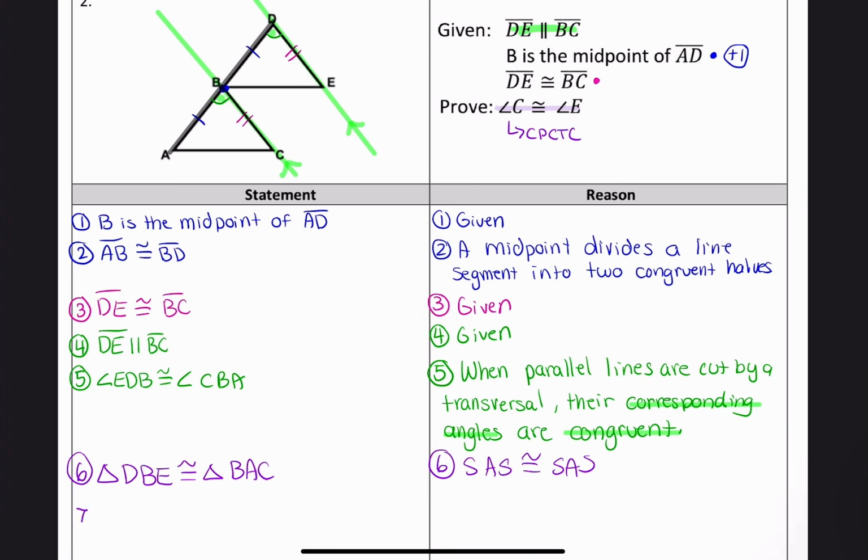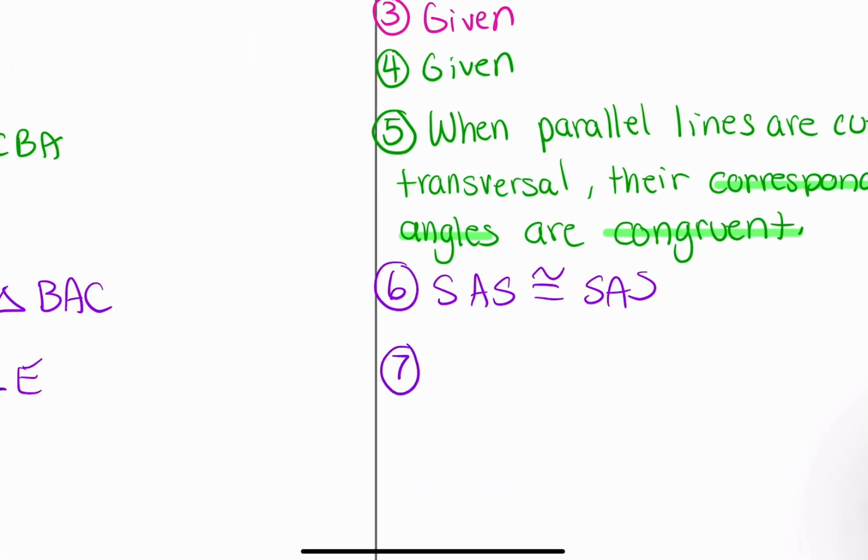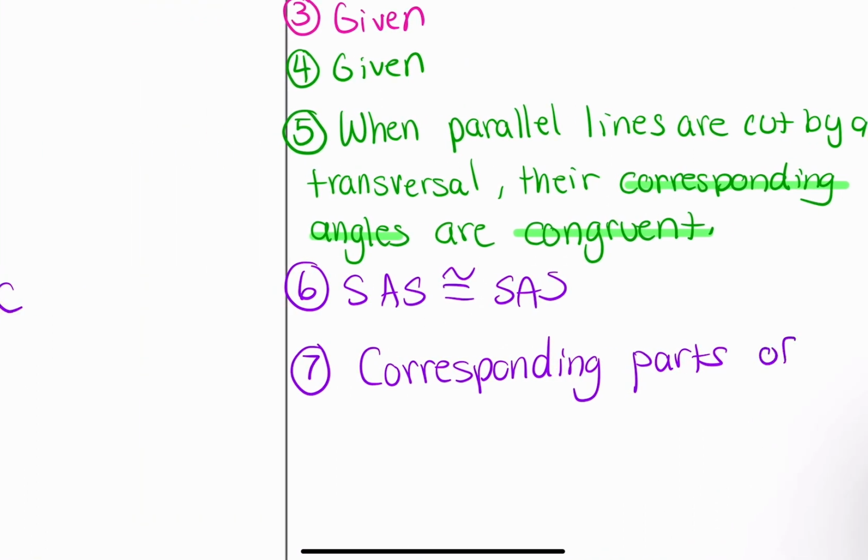And now I can clearly say that angle C is congruent to angle E because corresponding parts of congruent triangles are congruent.